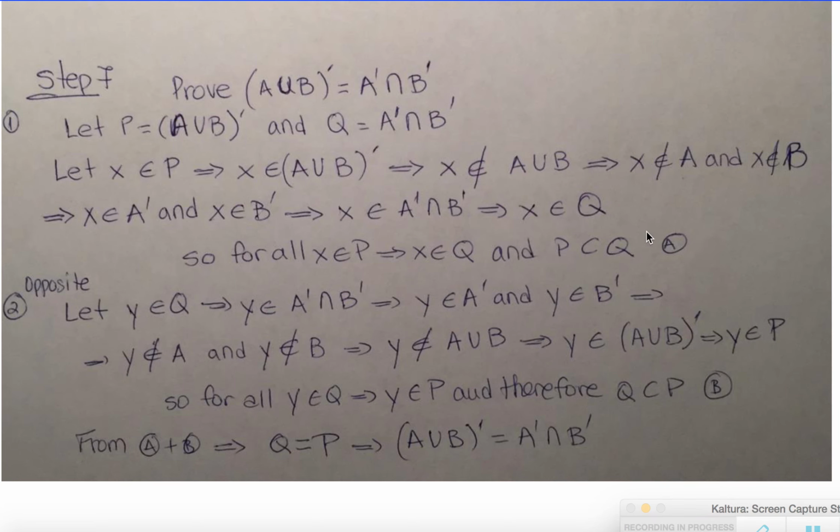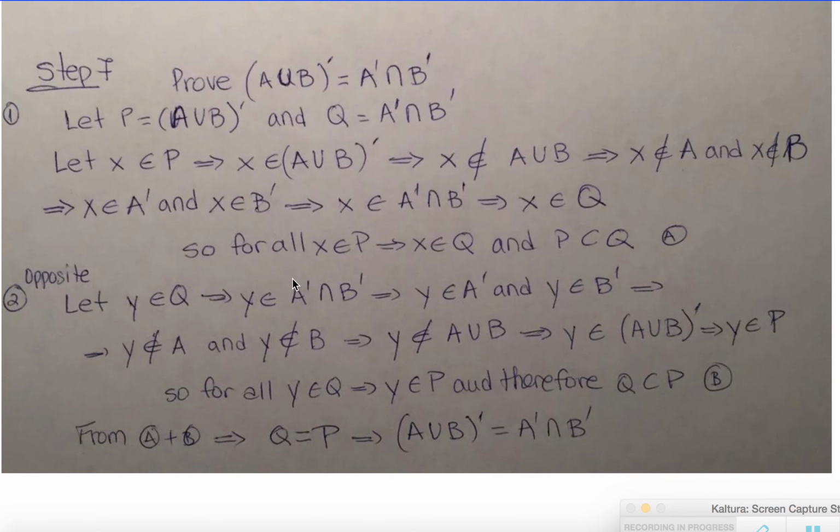Now let's prove the opposite, that Q is a subset of P. We do this in a similar fashion. We take Y, an element of Q. We start out with the Q set, this one. So Y belongs to Q. This means that Y belongs to A complement intersection B complement.